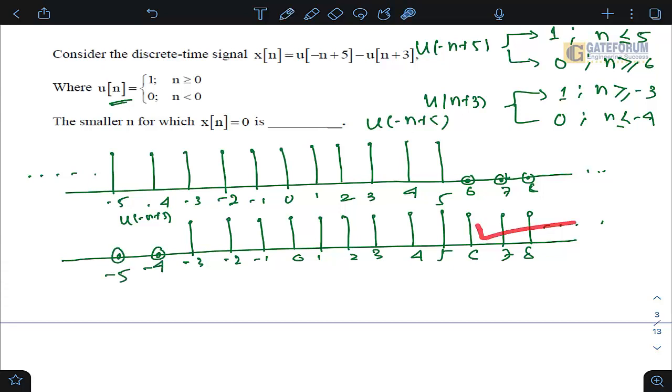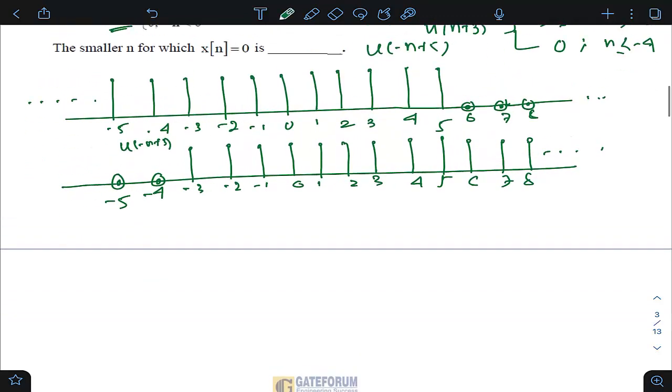So I have to subtract this waveform from this. Now if I ask you to subtract it, let us take the range. This is minus 5.